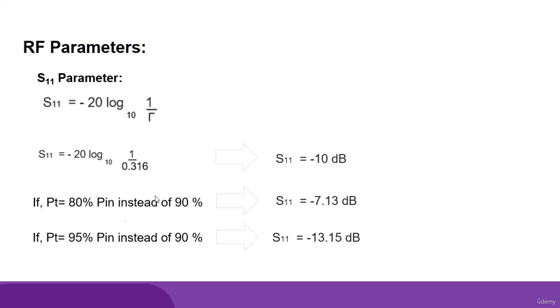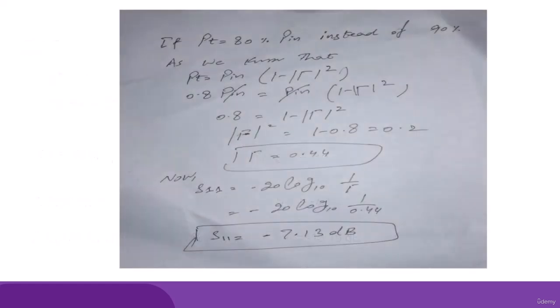Additionally, if our graph is at, let's suppose, minus 30 dB as the S11 reflection dip, then it suggests that the gain of the antenna is also good because there is a well-matched impedance between the patch and the transmission line of the antenna. In this case, I have calculated the equation and the result of S11 for P_T being 80%.